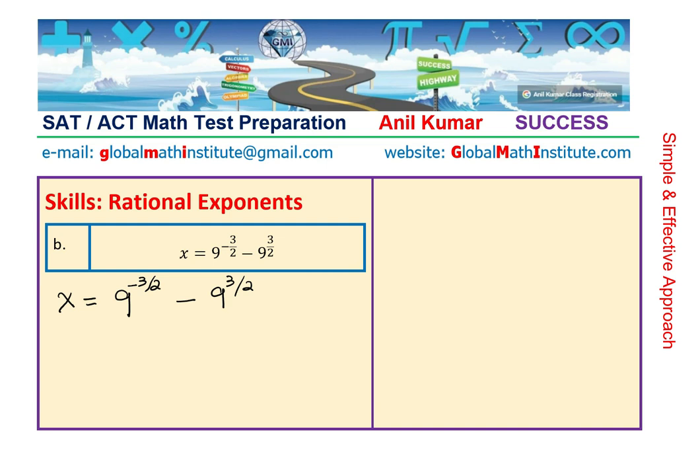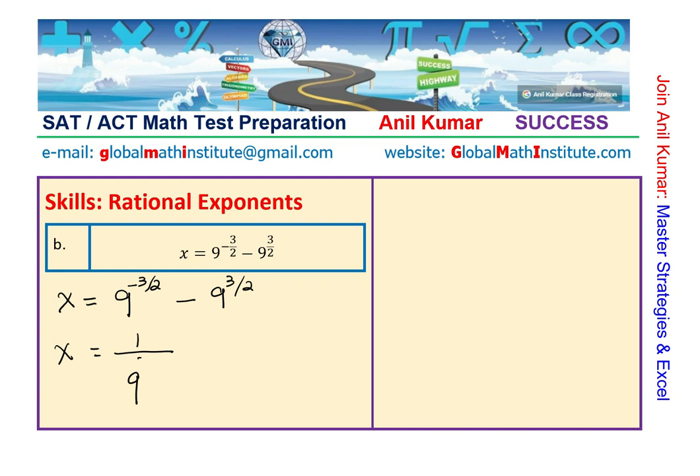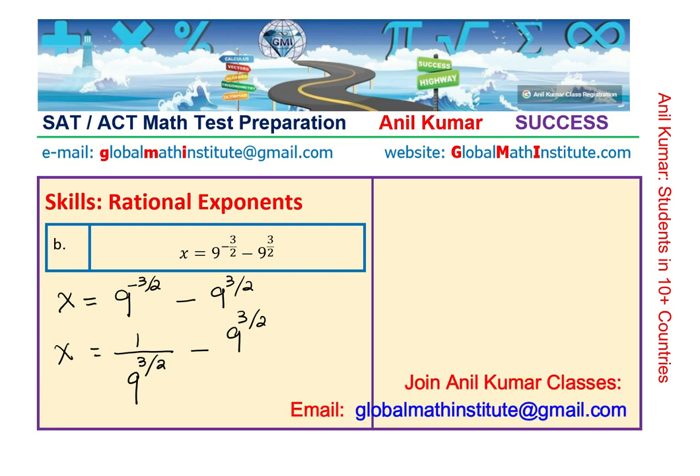Now, when we say that the power is negative, it means it is reciprocal, right? So that means 1 over 9 to the power of 3 by 2. Makes sense? And this, of course, is 9 to the power of 3 by 2. So I hope you have understood that negatives in the exponent mean reciprocal, and the other is normal, not negative.